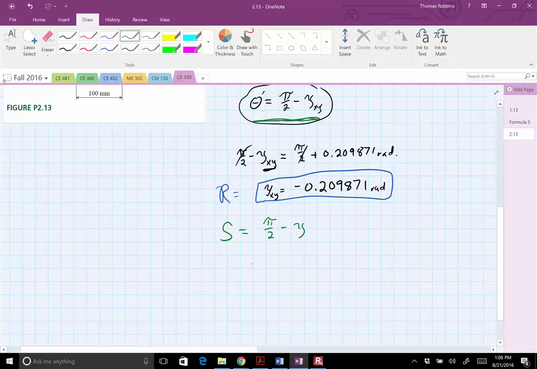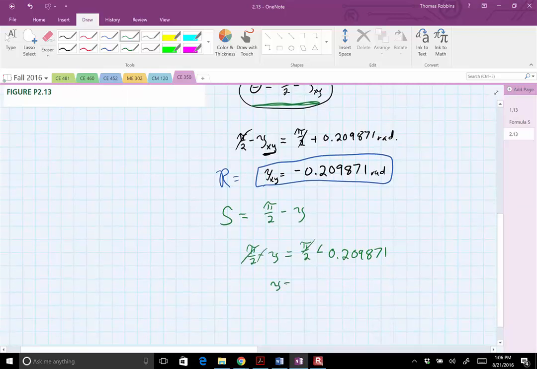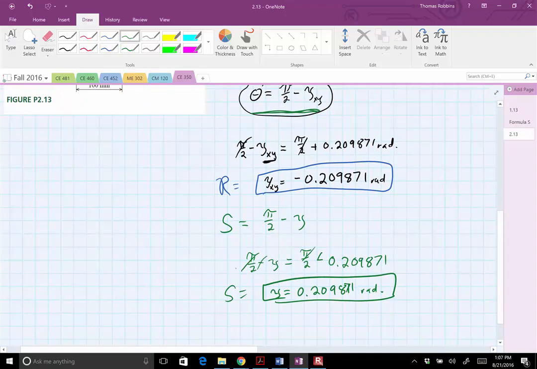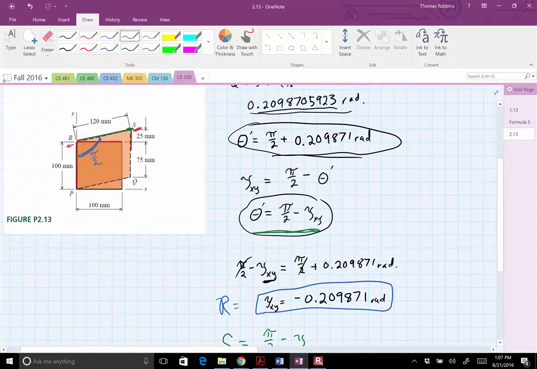And we had the negative angle, so pi over 2 minus gamma equals pi over 2 minus 0.20987. Solving for gamma, the negatives cancel, and we get gamma equals 0.209871 radians. And those are the shear strains at points R and S on this deformed object.